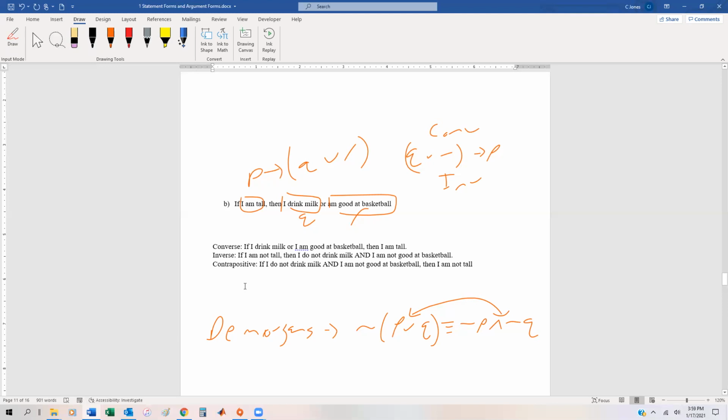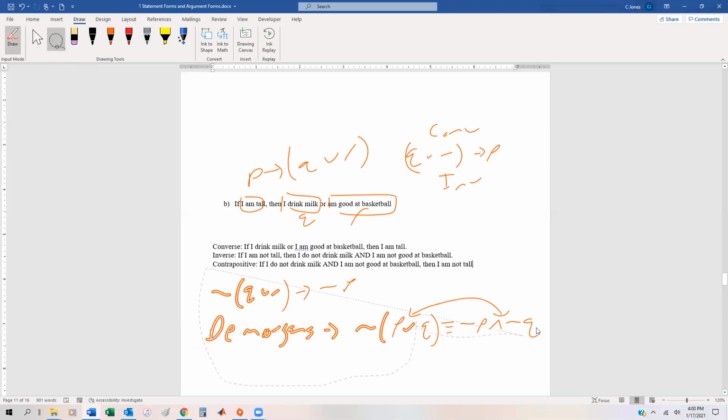And again, we had to flip that. The contrapositive for this one logically would be not (Q or R) implies not P. So remember, you have to flip the antecedent and the conclusion, and that's how we're going to get to our contrapositive.